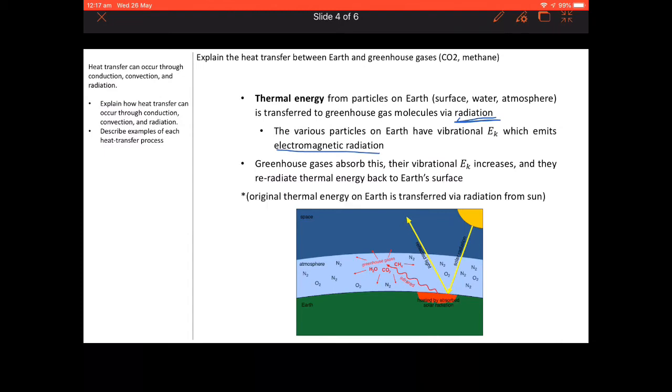And just to note, the original thermal energy on the Earth, that is the thermal energy that is causing the particles that make up everything on the Earth to vibrate, is transferred via radiation from the sun.